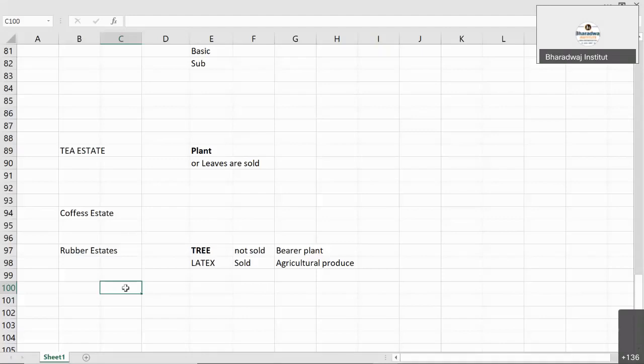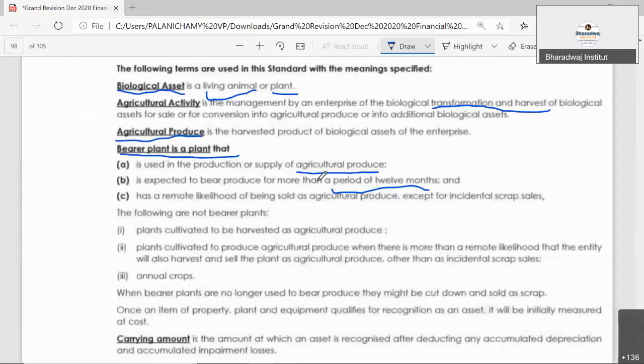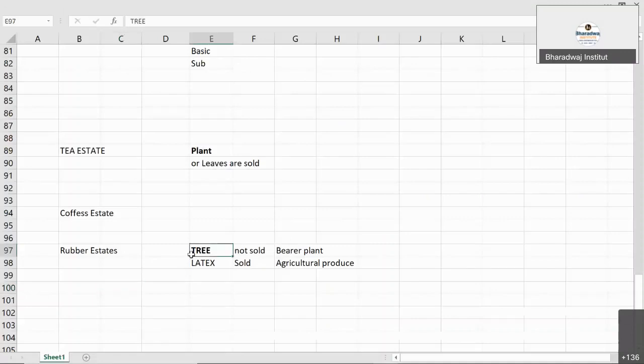So this is applicable for all the plants which exist for more than 12 months and bear some agricultural produce, and you are not going to sell that bearer plant like the tree. This includes even mango trees, jackfruit trees also. All those things are included. What about turmeric?